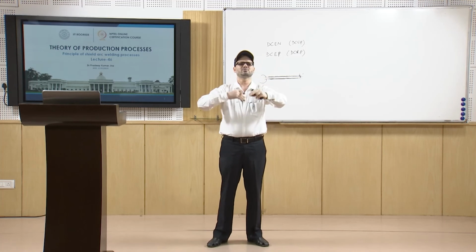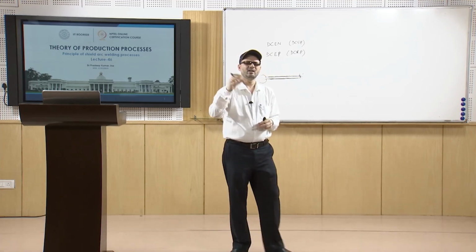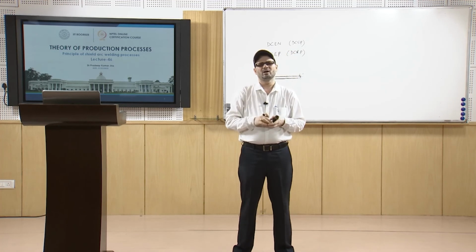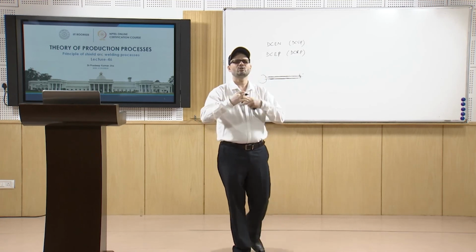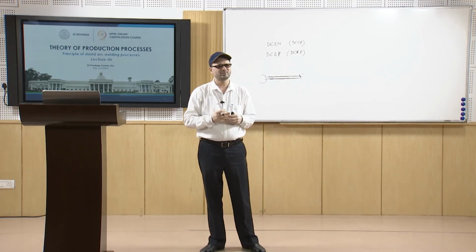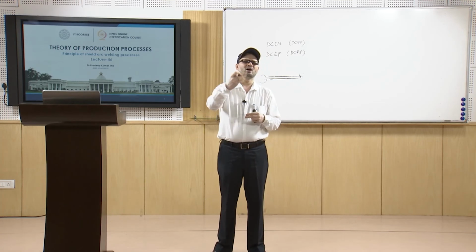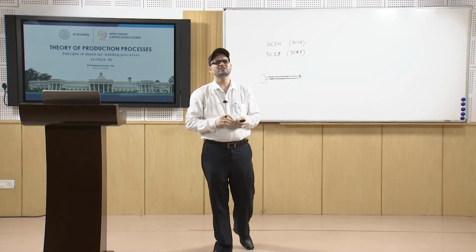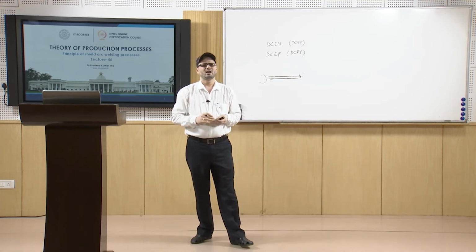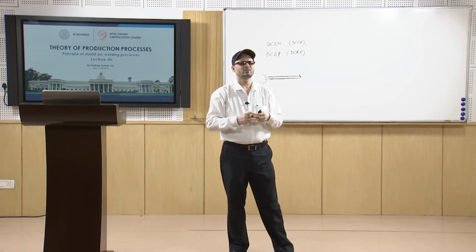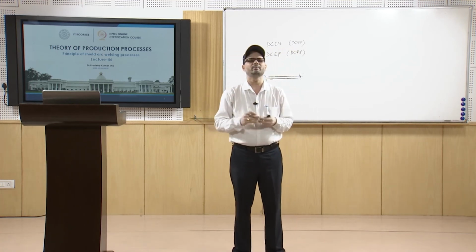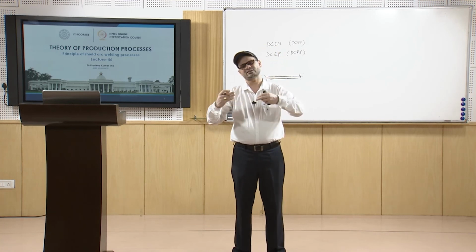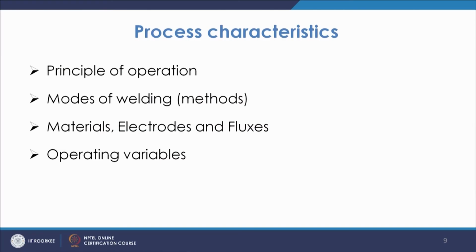How you move, how you give the feed of the wire or bare rod to the machine, and how you control it, in an automatic or semi-automatic way, based on that you have different welding methods. You have materials, electrodes and fluxes. Any material is weldable. As we discussed, we use bare electrodes, and you have different fluxes. Preparation of fluxes is different for the fluxes used in this welding method.